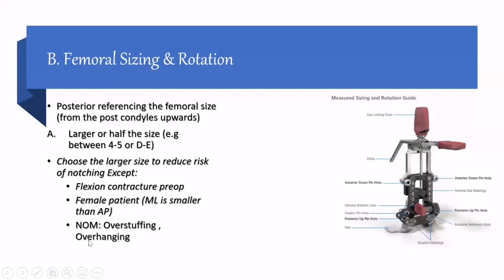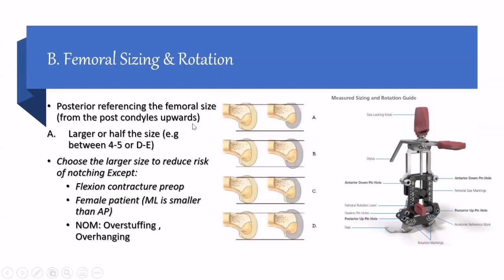And it will cause overhanging either medially, laterally, or both. Overhanging on one side will cause overstuffing, which means there is inflammation of the medial or lateral collateral ligaments. You can see here in these cases, like this is the cross section of the femur.